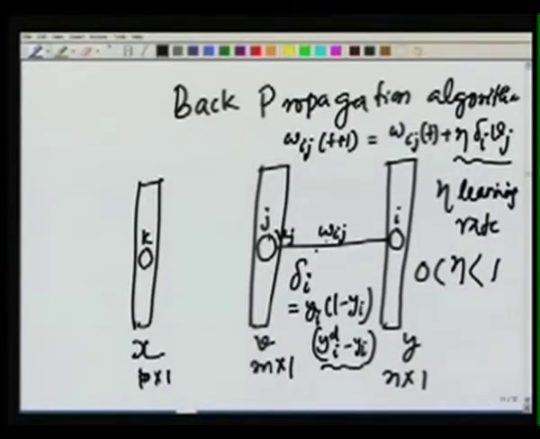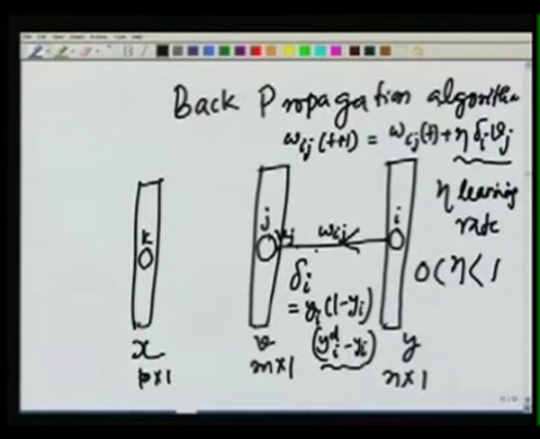If you look at wij, the input to this connection weight is vj, and the output of this unit is yi. Given that delta i has a unique structure, yi into 1 minus yi into d minus yi, the update rule also has a unique structure, because vj is the input to the connection weight, and delta i is the error being back propagated through this weight.